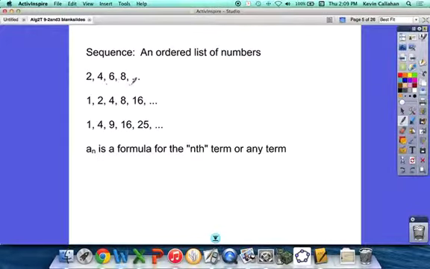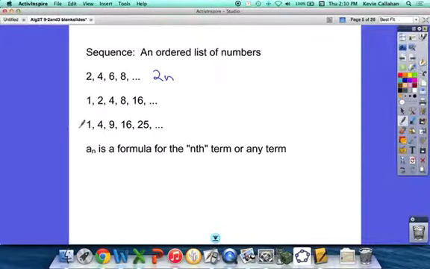So for example, if n represents the ordinal number of the term in the sequence, then this one right here, 2, 4, 6, 8, the formula for the A sub n would be 2n. Right? If you plug in the n, you get the value that's in that position. Right? If I plug in n equals 3 for the third term, 2 times 3 is 6.